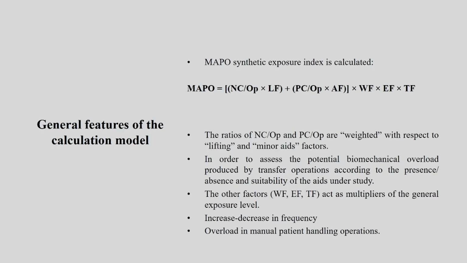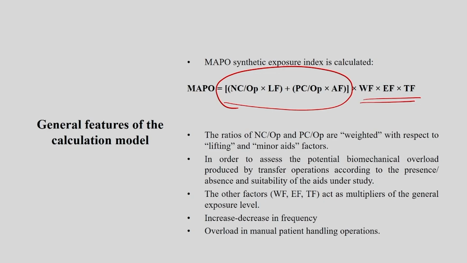The other factors, like the wheelchair factor, environmental factor, and training factor, act as multipliers of the general exposure level. So, the major component comes from this particular sector, whereas these are the impacting factors.